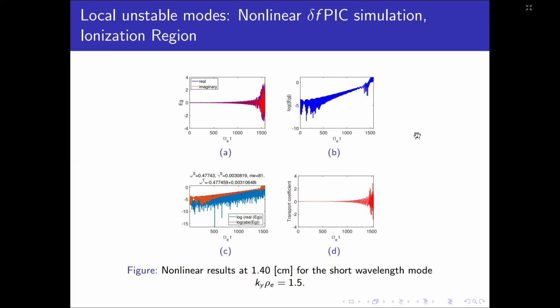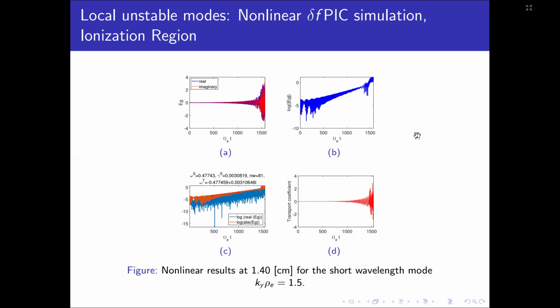We can see this increment in the amplitude. We compare here the linear part, the linear growth rate, with the analytical results, which are very good. And finally, we have here something really interesting, because in this region where we have this nonlinear saturation, we also have an increment in the transport coefficient, in the anomalous transport or turbulence transport.